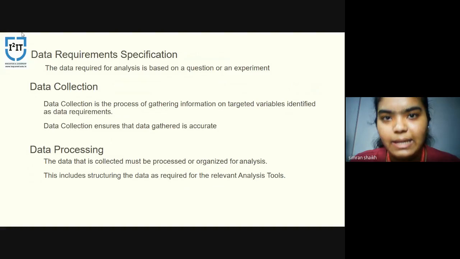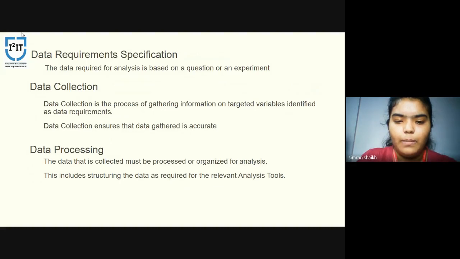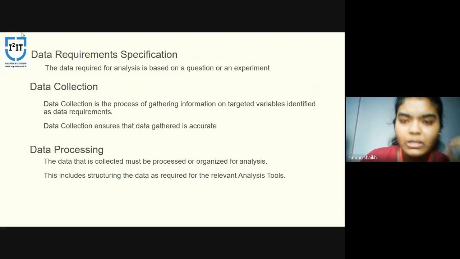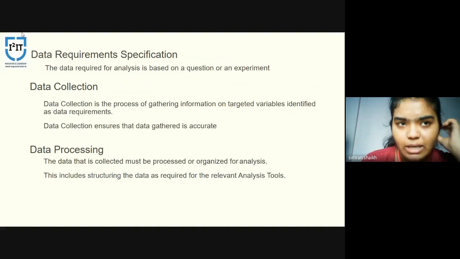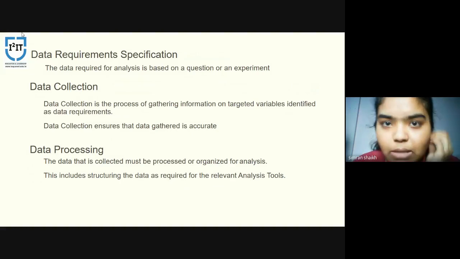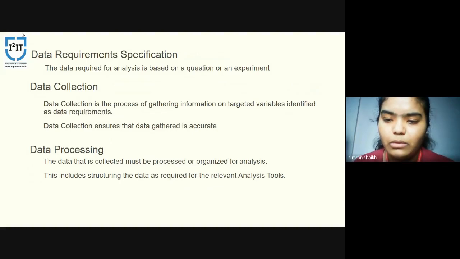Data required for an analysis is based on a question or an experiment. All right. So based on the requirements of those directing the analysis, the data is necessary to put into the analysis. For example, we are taking population and their income. So suppose we are taking a population of people, all right.